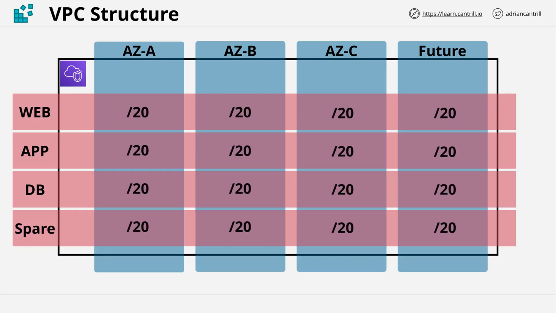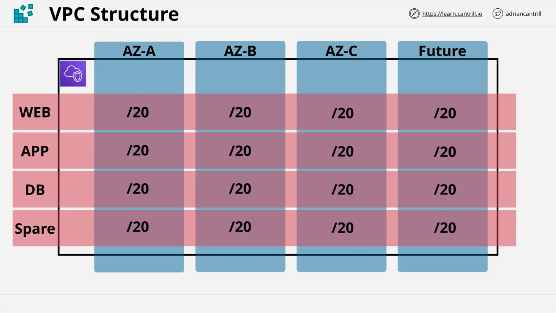Remember, each time the prefix is increased, from 16 to 17 it creates 2 networks, from 16 to 18 it creates 4, from 16 to 19 it creates 8, and from 16 to 20 it creates 16 smaller networks. Now that we know that we need 16 subnets, we could start with a /17 VPC, and then each subnet would be a /21, or we could start with a /18 VPC, and then each subnet would be a /22, and so on.